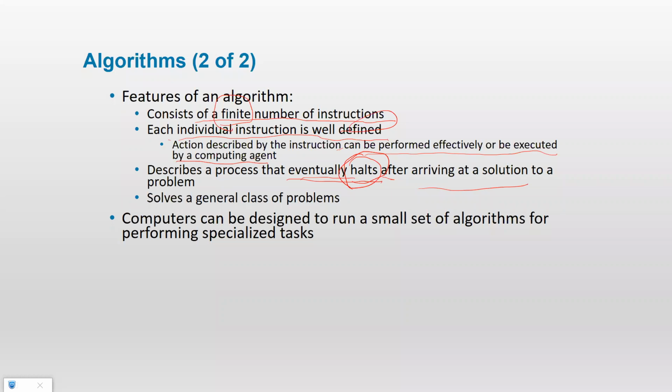I can buy a set of clothing, and you have to be able to calculate. I can buy different things, fruit, produce, clothing, and computers and everything. Your algorithm has to work. So this is what it means, a general class of problems. It cannot only apply to one set of data.